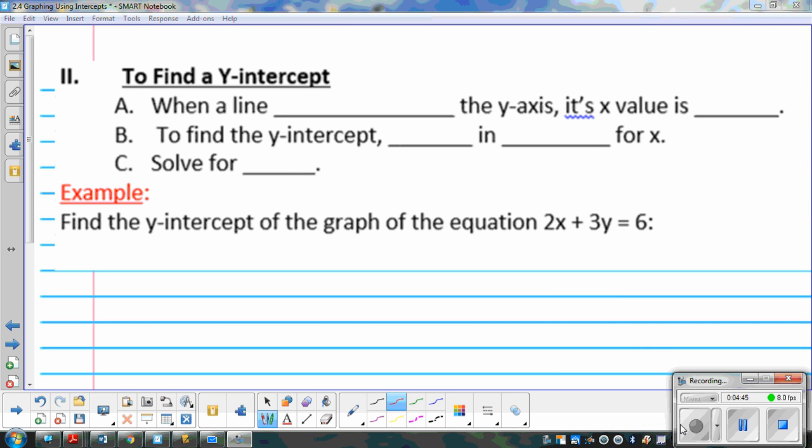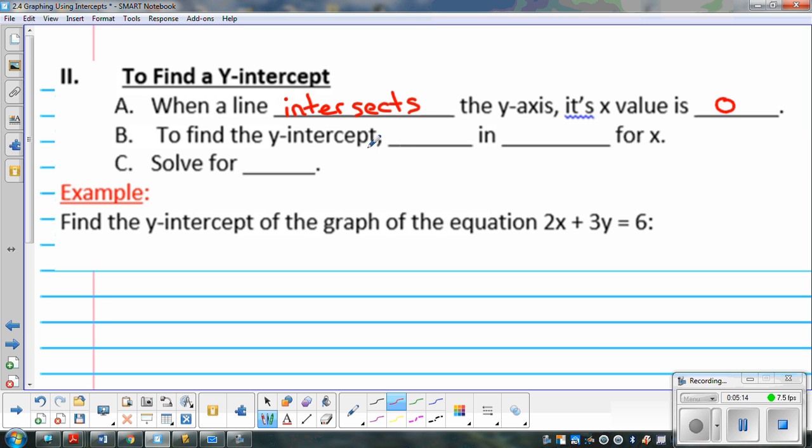Once we have found the x-intercept, now we need to find the y-intercept. On the beginning of your notes, underneath your objective, when you drew the visual of the x and y intercepts, we talked about the y-intercept being when the line intersects the y-axis. So when the line intersects the y-axis, its x value was 0.